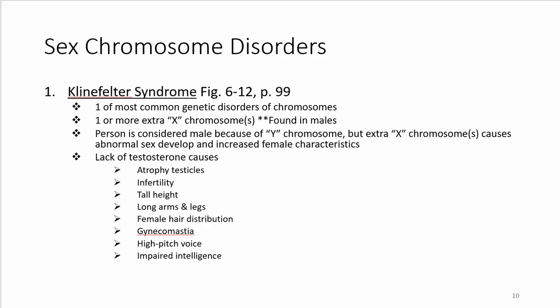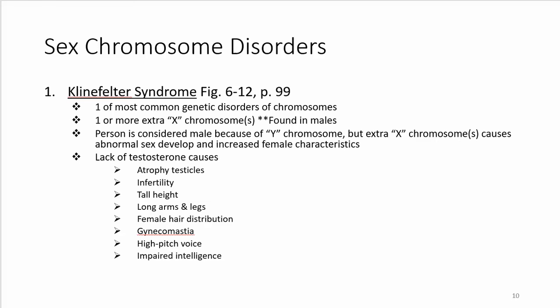Because of the Y chromosome, the person is male, but it's almost like their sex chromosomes are competing, so they have many female characteristics, and they don't generally make testosterone. So what ends up happening is there's atrophy of the testicles, and with that comes infertility.